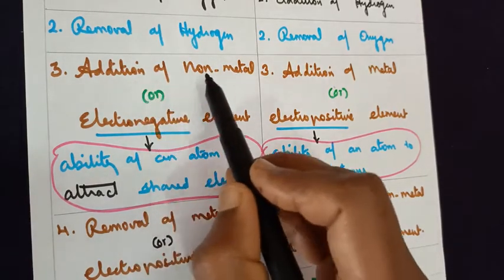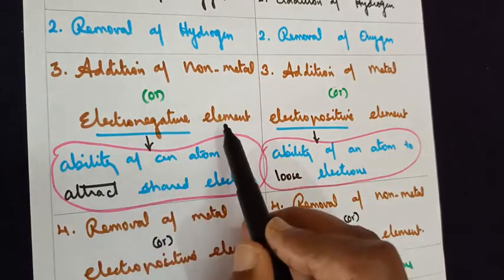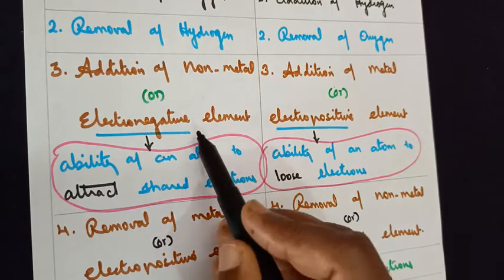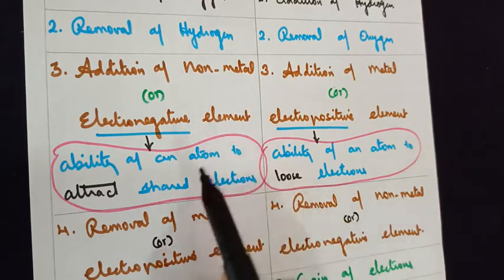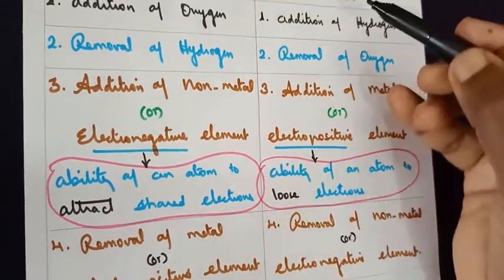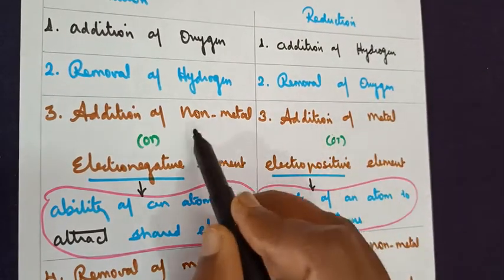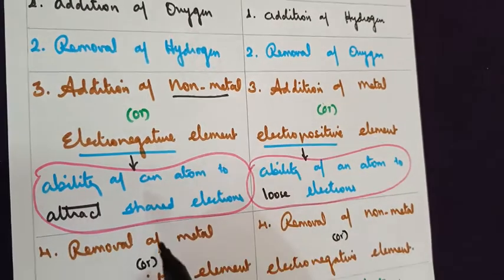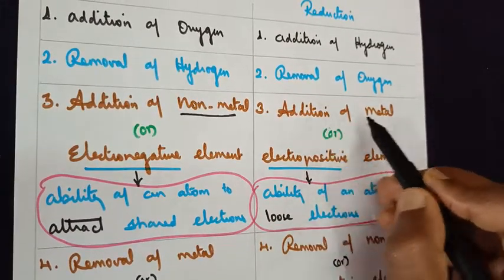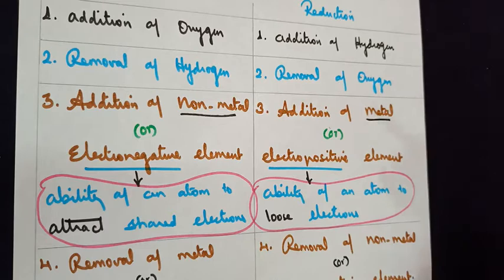So addition of a non-metal or an electronegative element means whatever type of elements we are adding, they accept the electron. Under reduction, when you say addition of metal, here addition of non-metal accepts the electron, there addition of metal donates the electron.